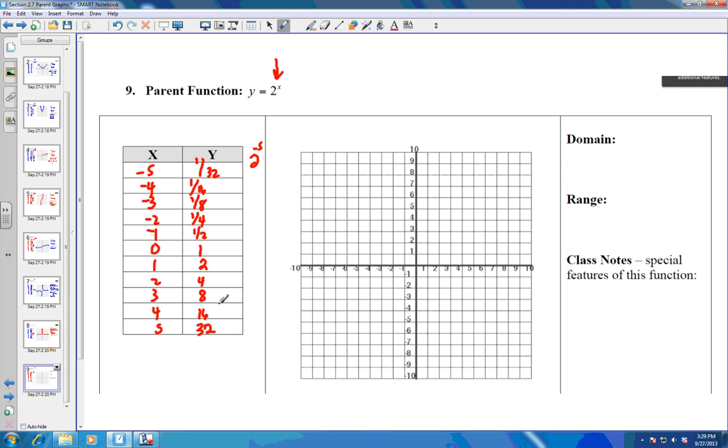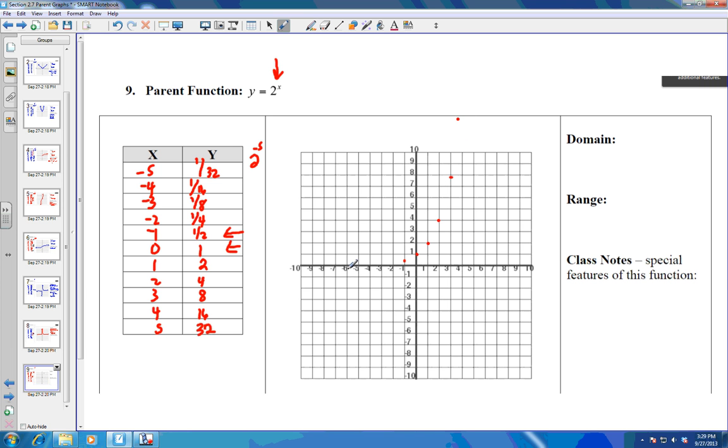Okay, so let's just plot some of these points. Okay, I can plot this one and then the rest of them. So negative 1, 1/2. 0, 1, 1, 2, 2, 4, 3, 8, and then 4, 16 is going to be way up there.